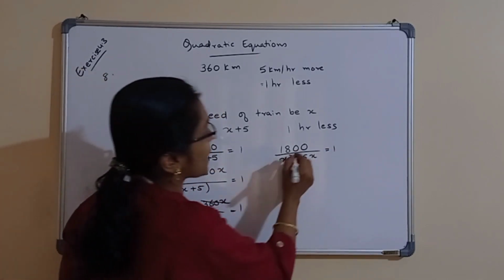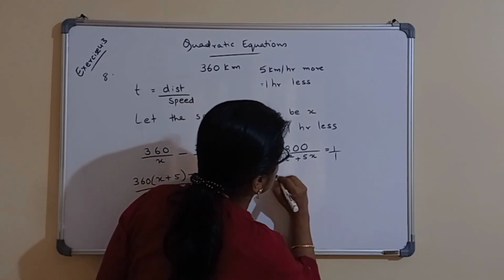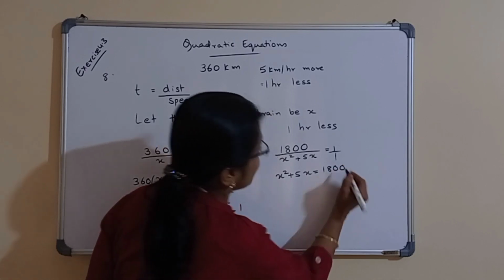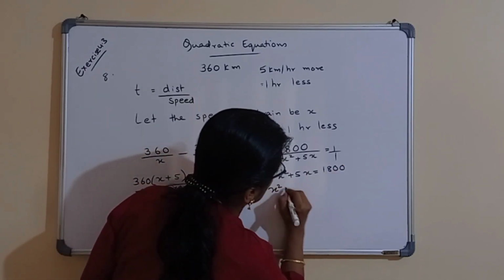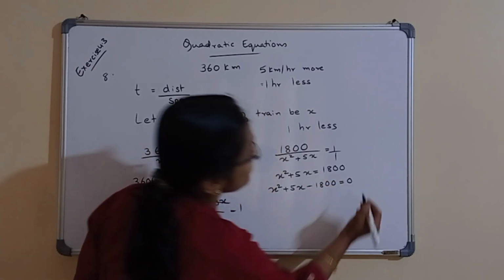Now cross multiplying this, this is like 1 by 1. Cross multiplying we will get x square plus 5x is equal to 1800, which means x square plus 5x minus 1800 is equal to 0.